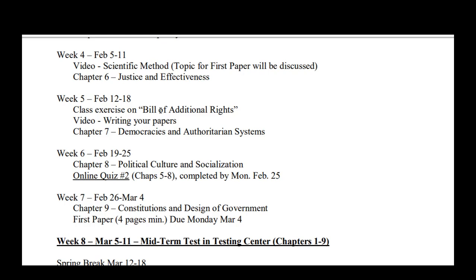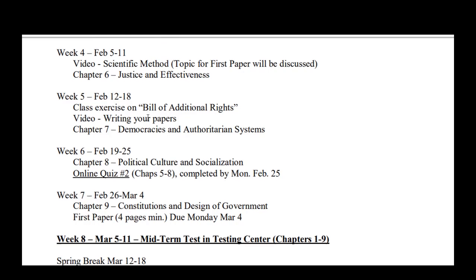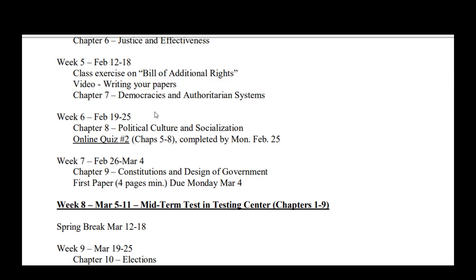So that'll be the first class exercise, is that everybody will think of an additional right that might be worth having if we wanted to have a constitutional amendment to give us another civil liberty or another civil right. And so everybody will submit their own idea for what might be a new additional right, and then I'll have you condense those into perhaps 8 or 9 additional rights, a Bill of Additional Rights.